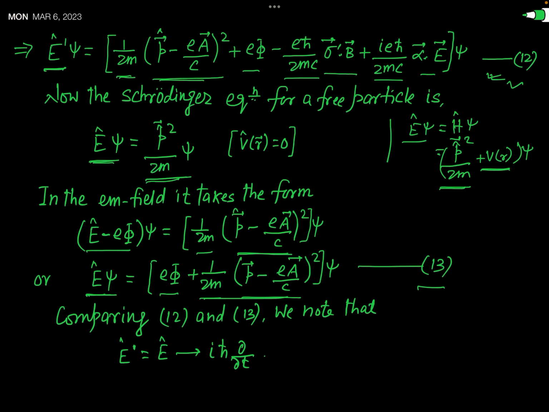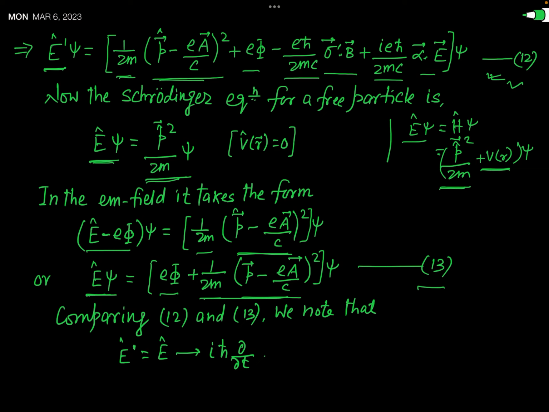So there are two extra terms in equation 12. Actually, these two extra terms are associated with the spin of the particle. The Schrodinger equation does not tell anything about the spin of the particle. When it was developed, the spin of the particle was not taken into consideration.